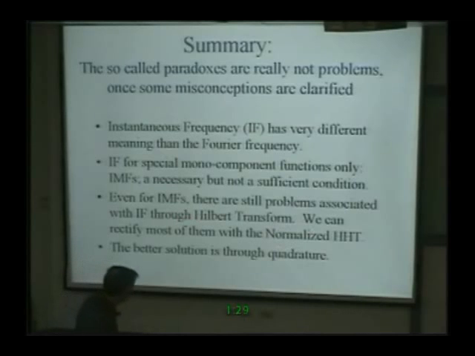We can normalize it. After we normalize it, we don't have to stick to the Hilbert transformation if the phase function is complicated. So the quadrature is the answer. This is the whole key to all the problems that people have with regard to instantaneous frequency.